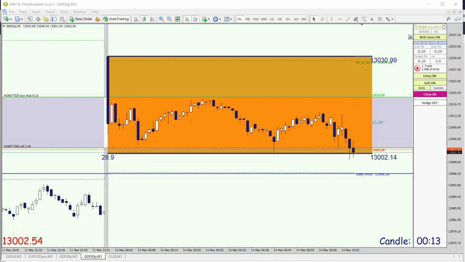So the DAX is currently trading at 13,002 points. So big number trade.